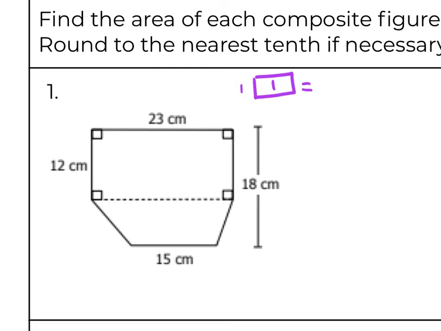Well, the width would be 12, the length is 23. What do I do with those to get the area? Nope, not perimeter. Area. Multiply. So just do 12 times 23, which is 276.